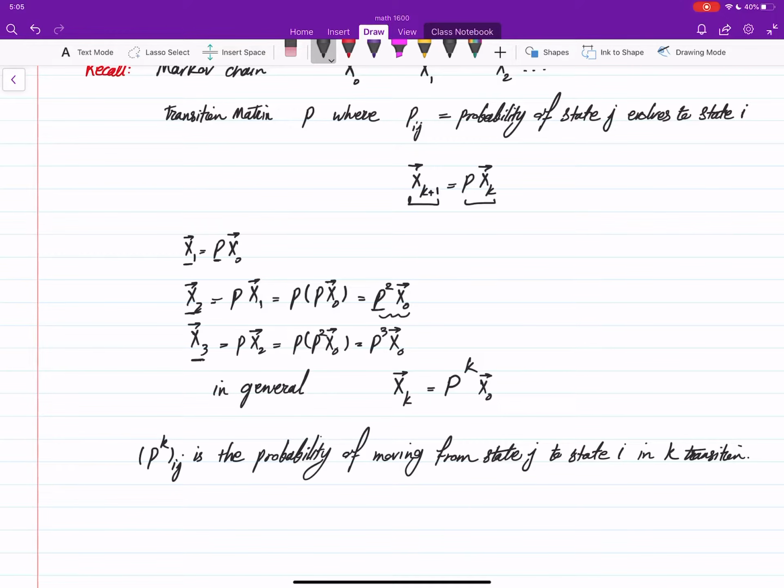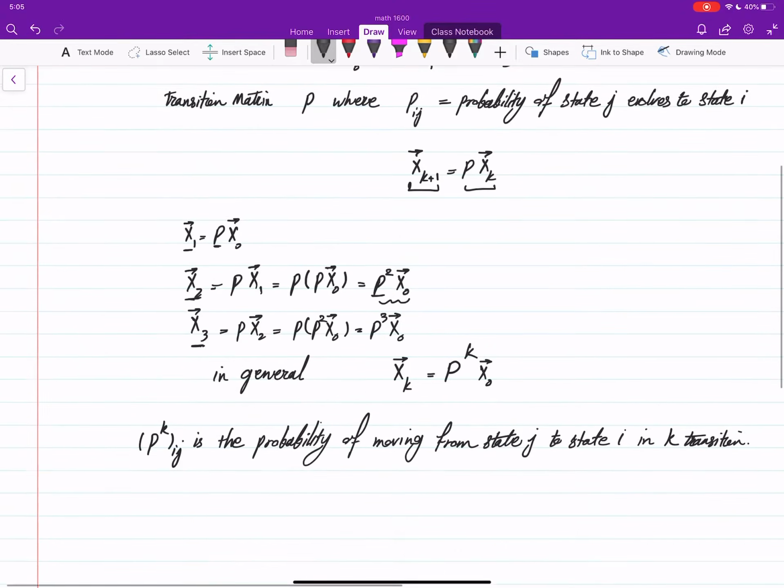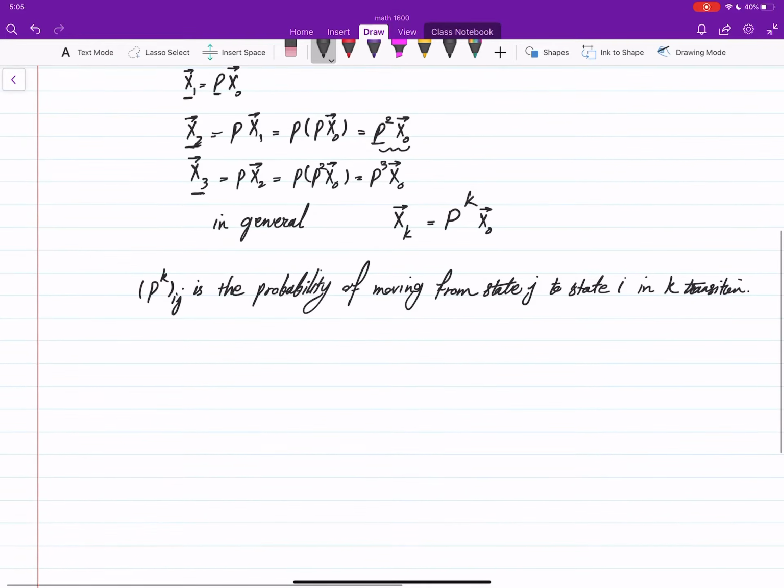That's the portion, or the probability, of state j appearing in state i. So this is how powers of the transition matrix appear.